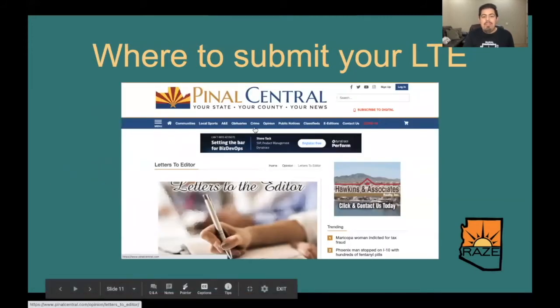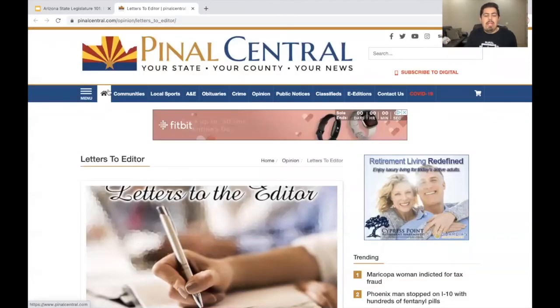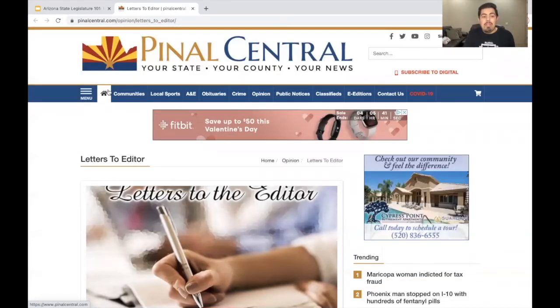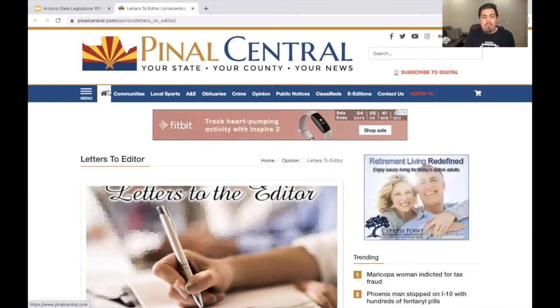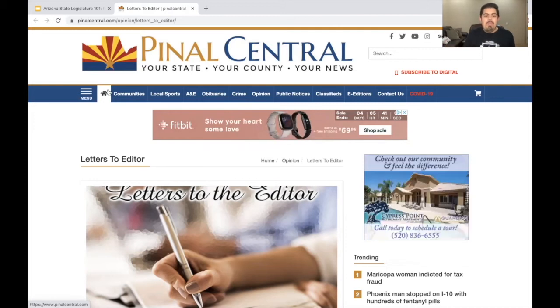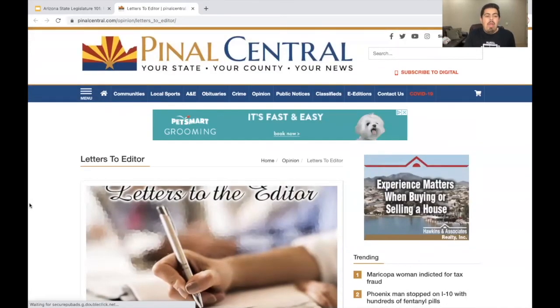So now I'm going to show you a quick example of what your local website might look like, where you can actually submit your letter to the editor. To get this page, all I did was go on Google and search letter to the editor Pinal Central. Pinal Central is the local publication in Pinal County where people can write a letter to the editor.